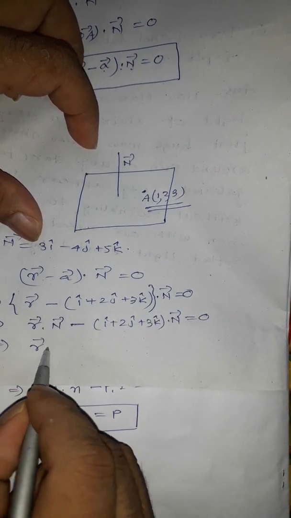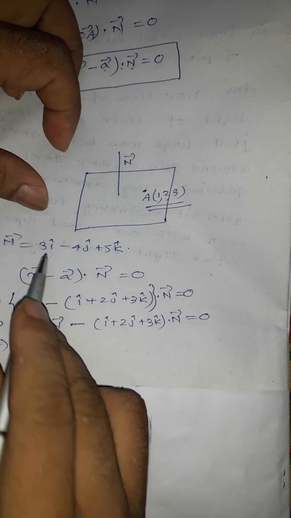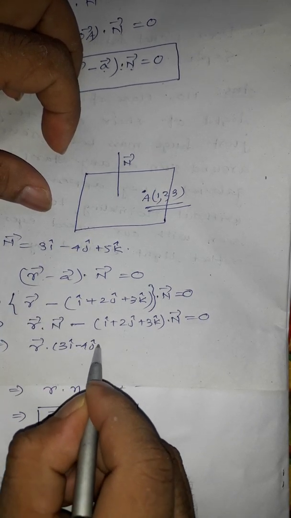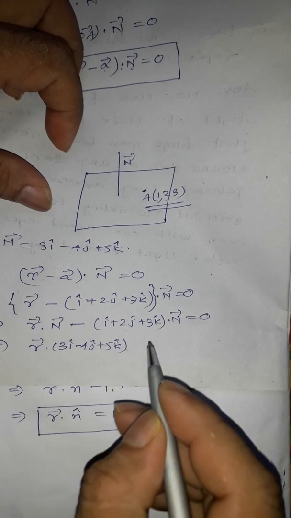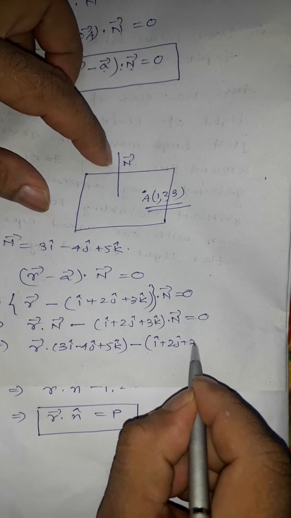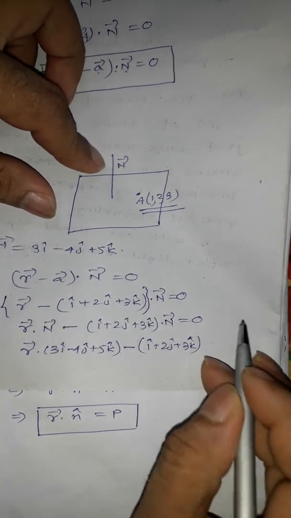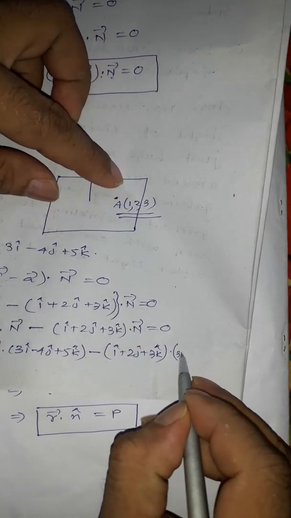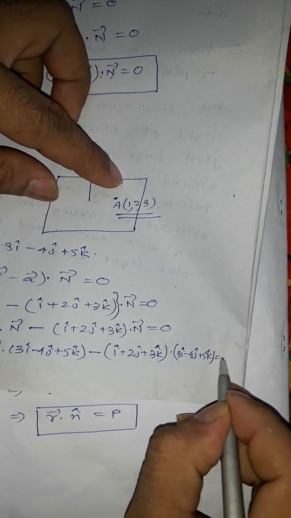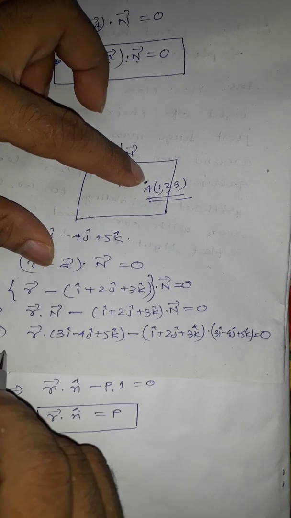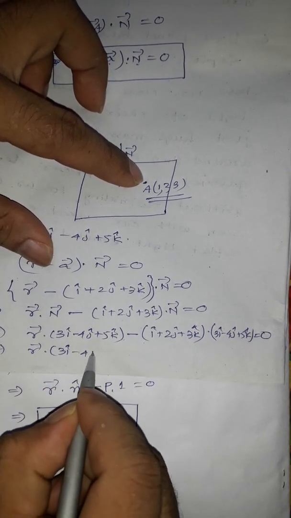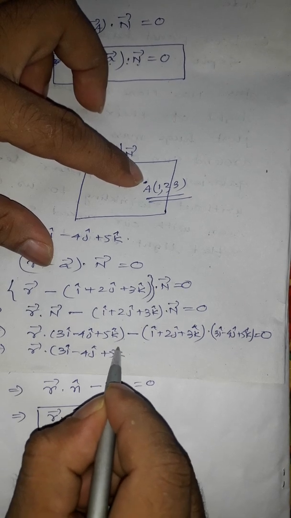So it will be r dot (3i minus 4j plus 5k) minus (i plus 2j plus 3k) dot (3i minus 4j plus 5k) equal to 0. So we will get r dot (3i minus 4j plus 5k).